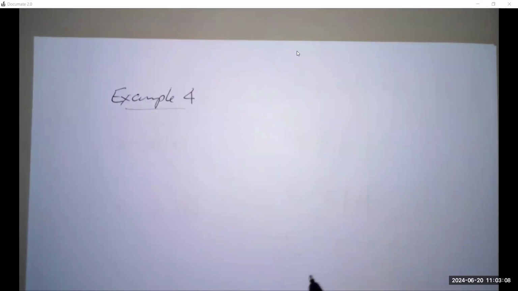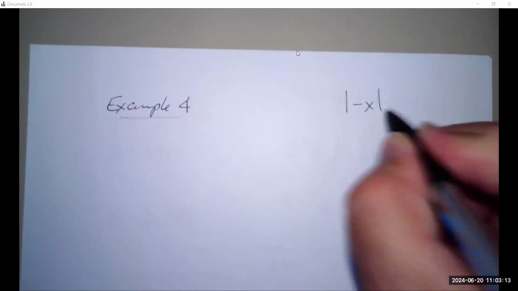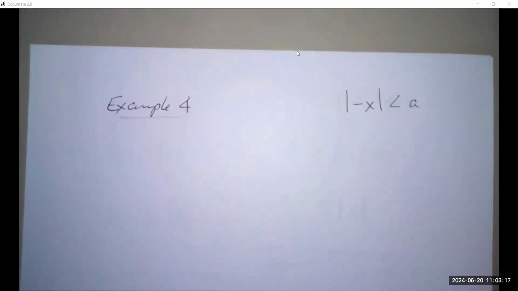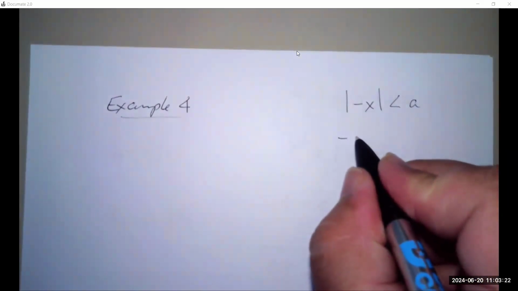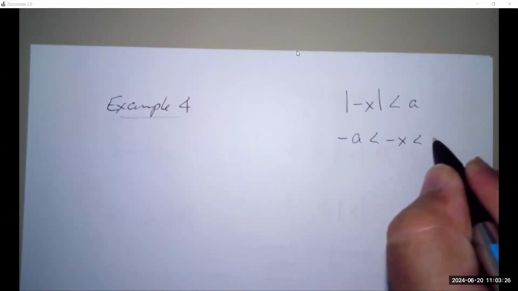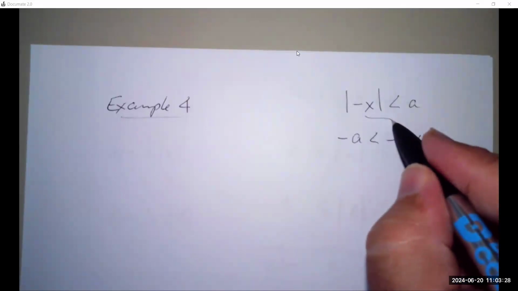What if the x inside the absolute value is negative? What if we had absolute value of -x is less than a? So if I drop the absolute value sign, this goes in the middle.